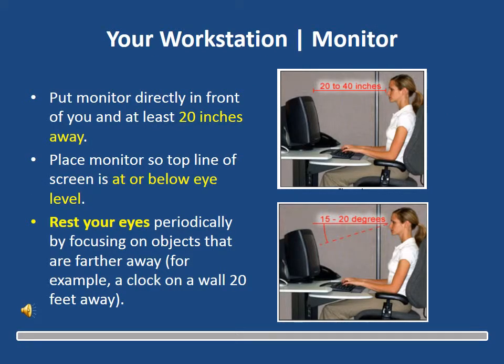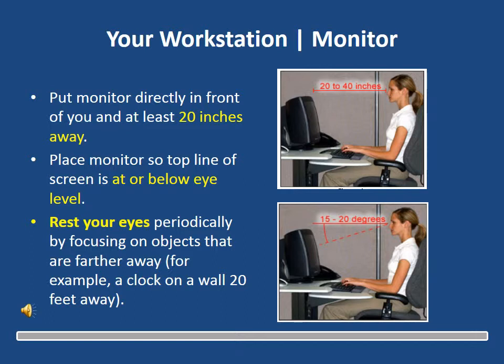When setting up your workstation, particularly your monitor, it is recommended that the monitor be 20 to 40 inches away from your eyes. This is to prevent eye strain at your computer. The monitor should be placed at or just below eye level.